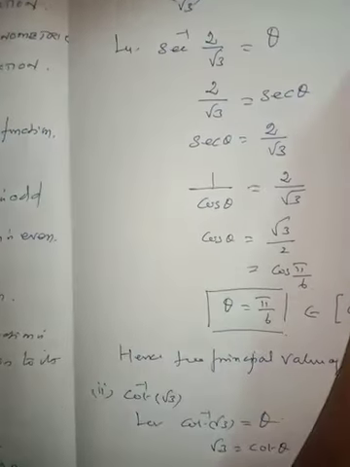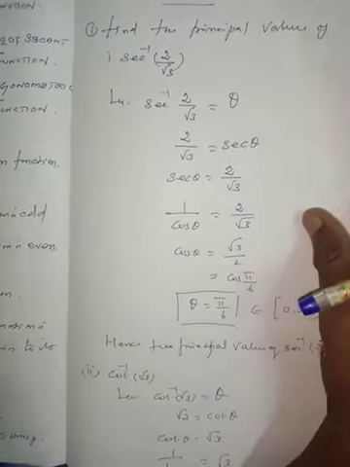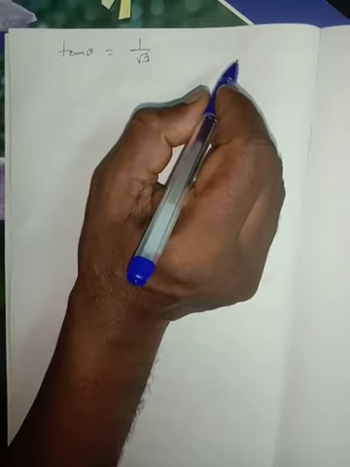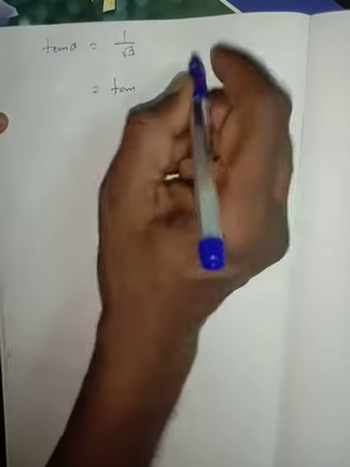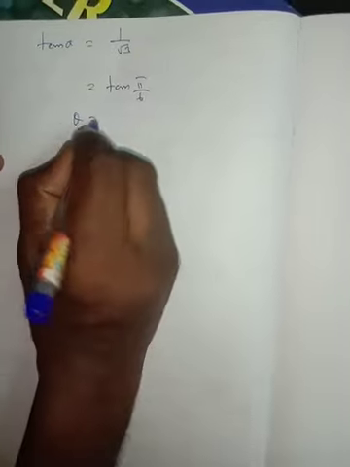Now 1 by tan theta is equal to root 3. Tan theta is equal to 1 by root 3. Tan of pi by 6 is 1 by root 3. So taking tan inverse on both sides, we have theta is equal to pi divided by 6.